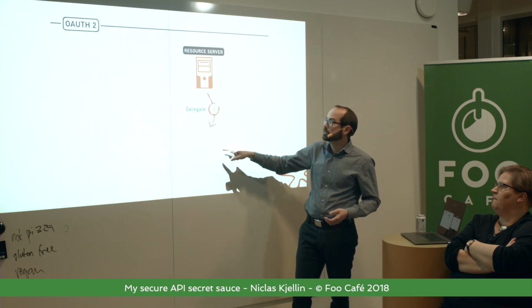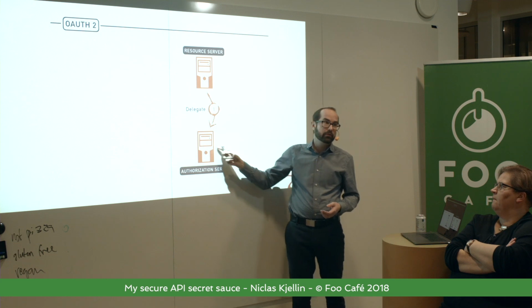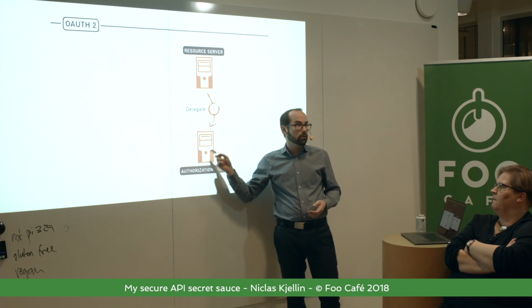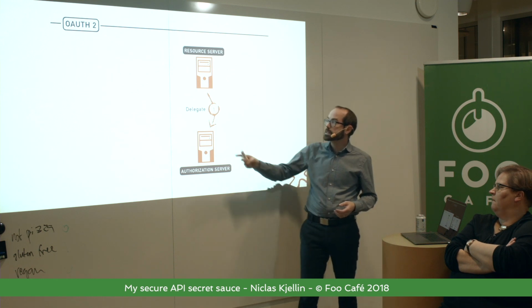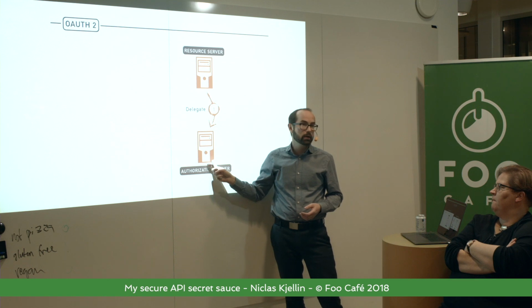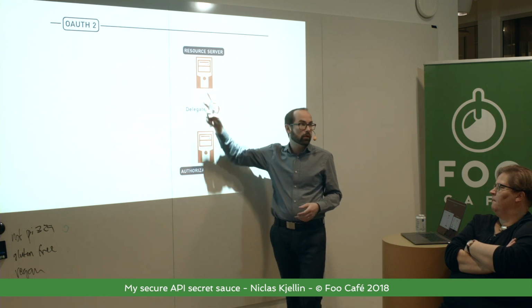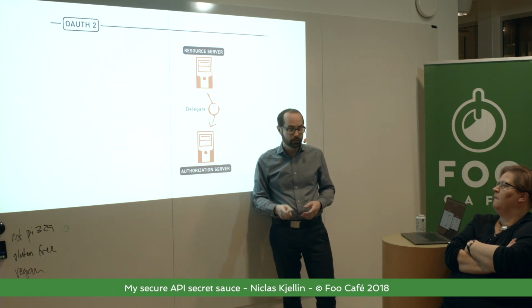You delegate that to another server. This could potentially be Facebook, Google, LinkedIn, Twitter, whatever, or something of your own. So you would just say, we're going to trust this server. If this server says it's okay to access things here, we're okay with that. We don't care who they are. This server said that it's okay.